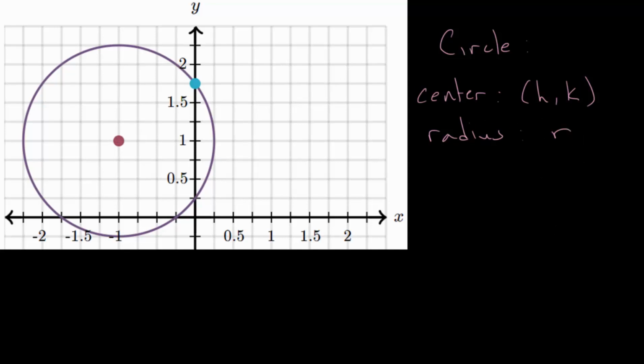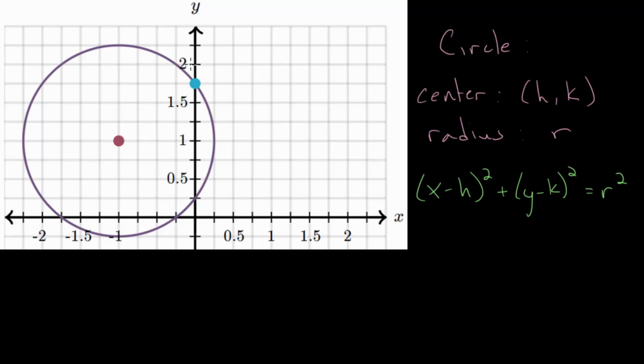Then the equation for this general circle is (x minus h) squared plus (y minus k) squared equals r squared. I will not derive this formula in this video. I've made previous videos on that, but in this video I will show you how to use that.